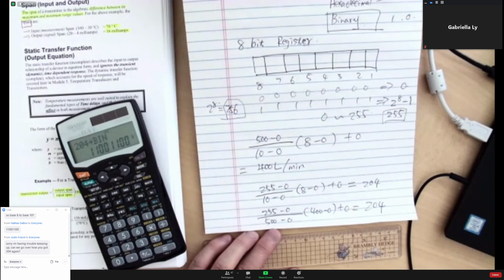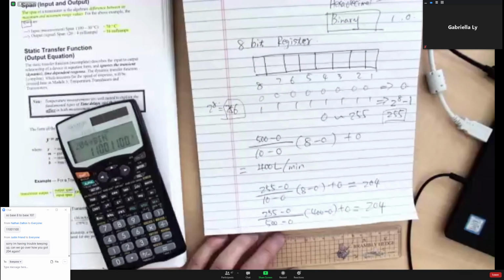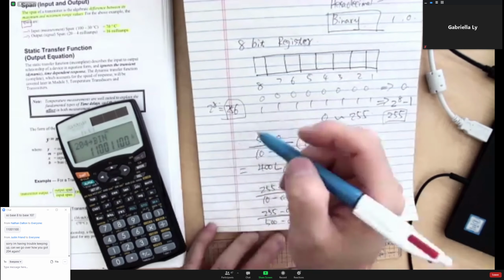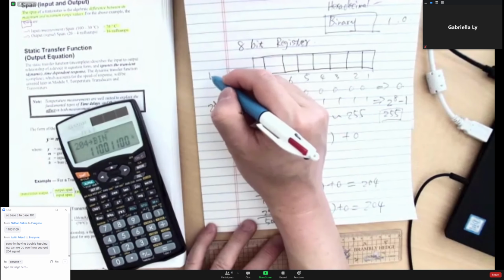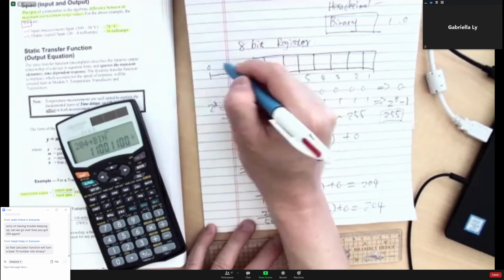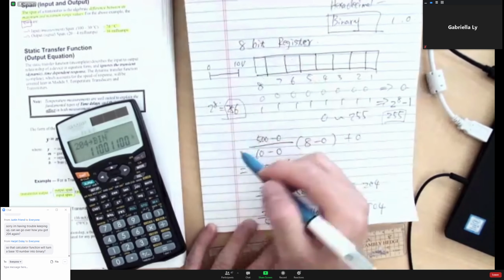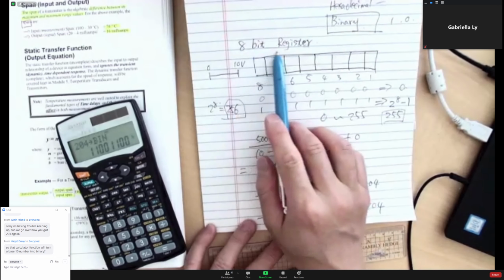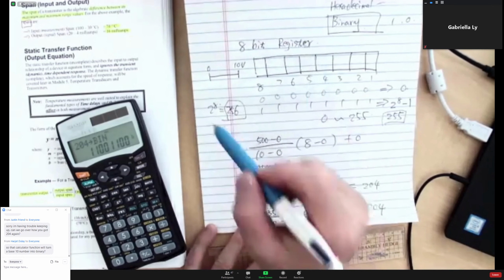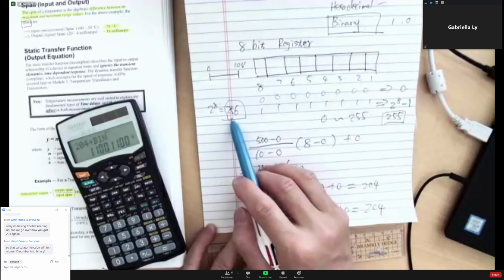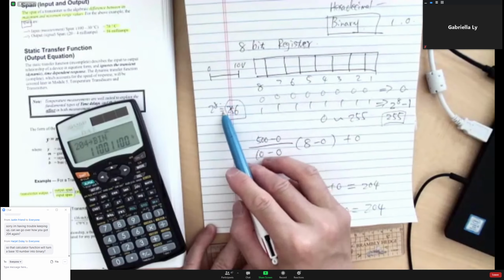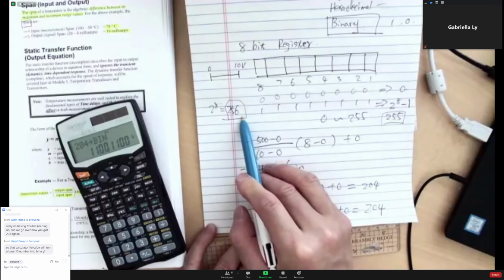It's kind of like you have a voltage range between 0 to 10 volts, and you're using this 8-bit register. In an 8-bit register, you can have 256 different numbers.